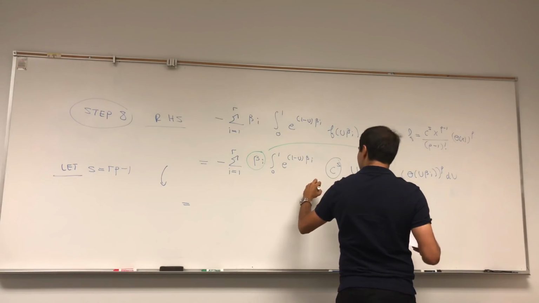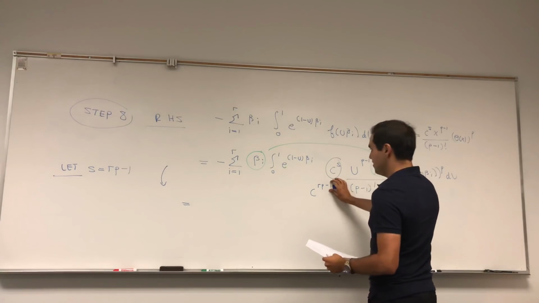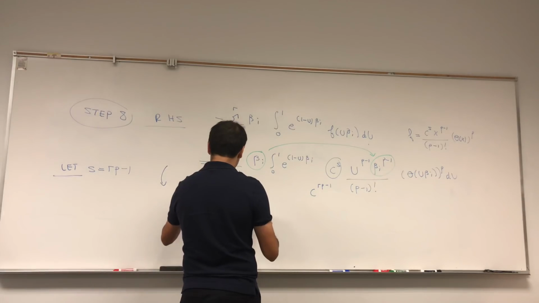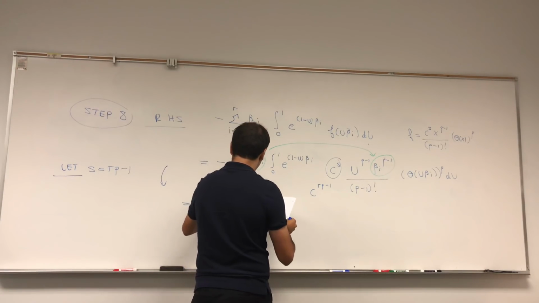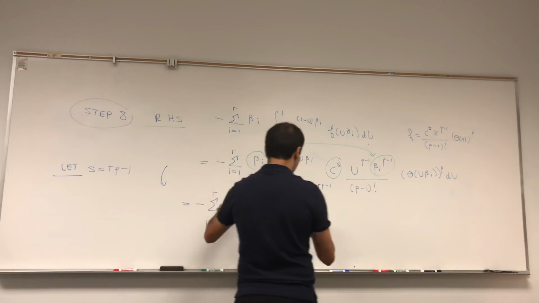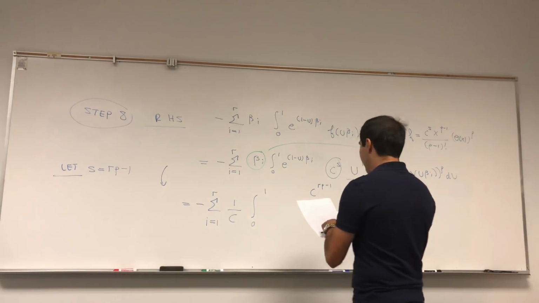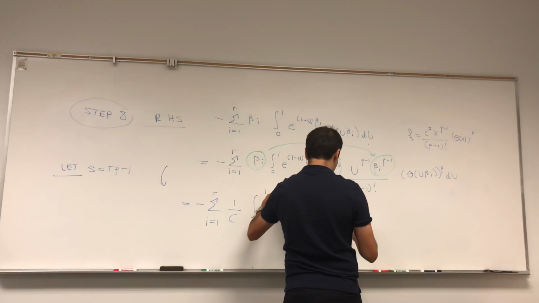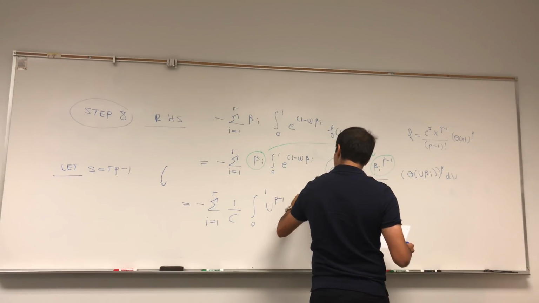What happens then, we get c to the rp minus 1, where this minus 1 comes outside. So it becomes minus the sum from 1 to r, 1 over c, integral from 0 to 1. Now, u to the p plus 1, let's put it here. I know it's a bit messy. e of 1 minus u beta i.